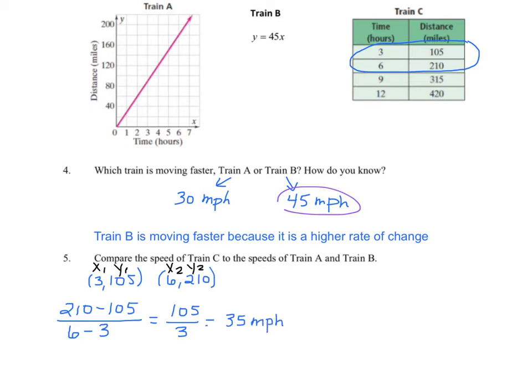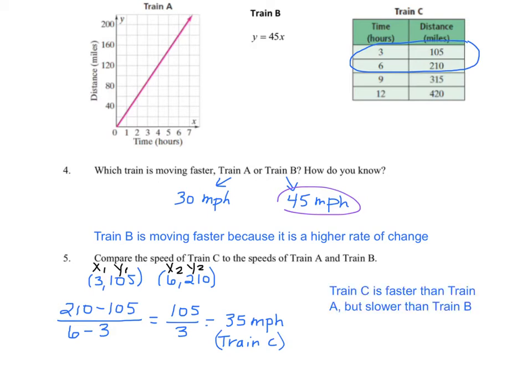And that's for train C. So now it's saying compare the speeds of train C to the speeds of train A and B. Well, we know that train A was 30 miles per hour, train B was 45 miles per hour, and train C is 35 miles per hour. So therefore, train C is faster than train A, but slower than train B.